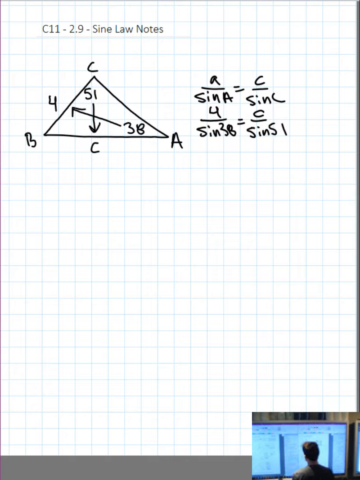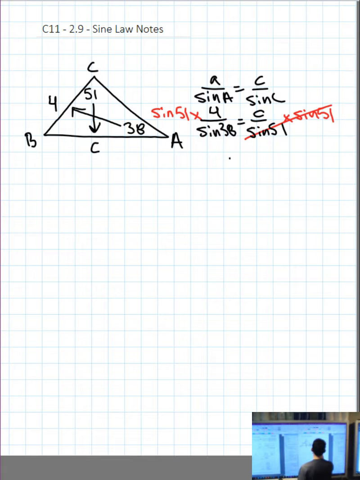Now in the notes, I've typed stuff in the calculator, then I multiplied those sides. Check out the notes, feel free to do it that way, or just multiply both sides by sine 51. And then on the right hand side, we have sine 51 over sine 51, so we can cross it off.